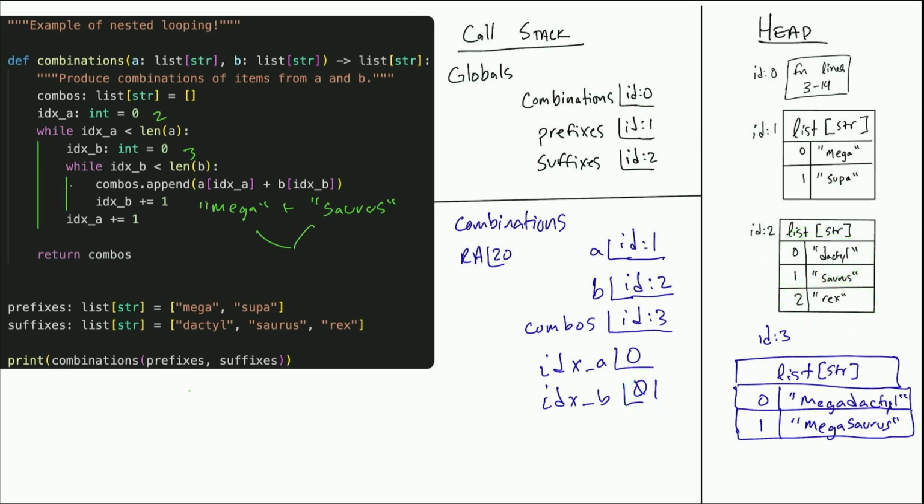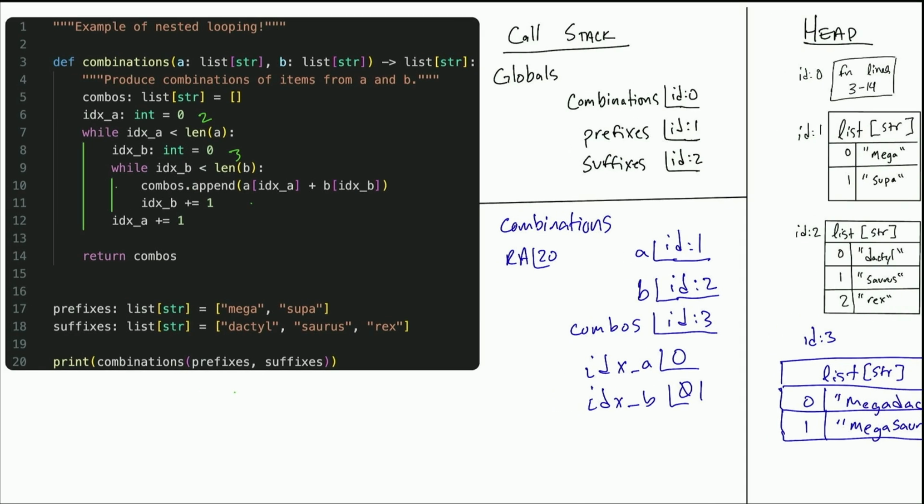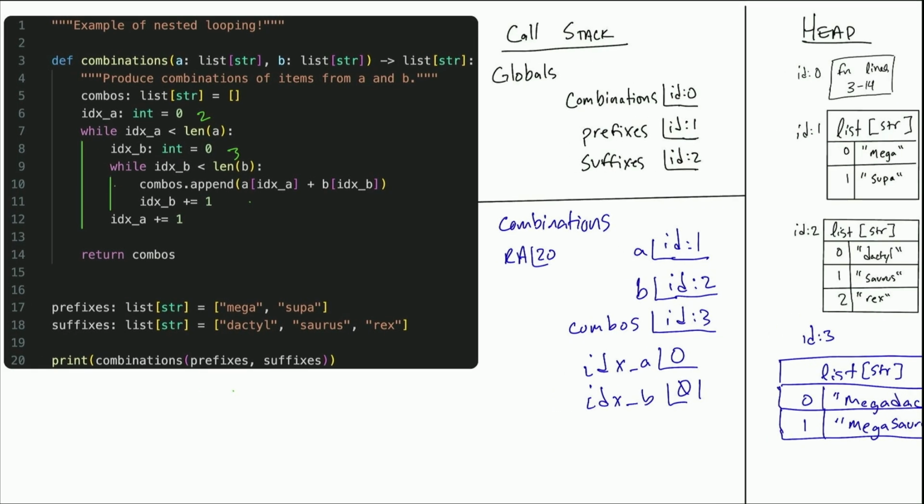And then after we're done with that, we'll hopefully find that we're going to move on to SUPA and combine SUPA with these 3 as well. But let's keep moving. So we increase IDX_b by 1. And so now IDX_b on line 11 is being increased by 1. So this is now 2.